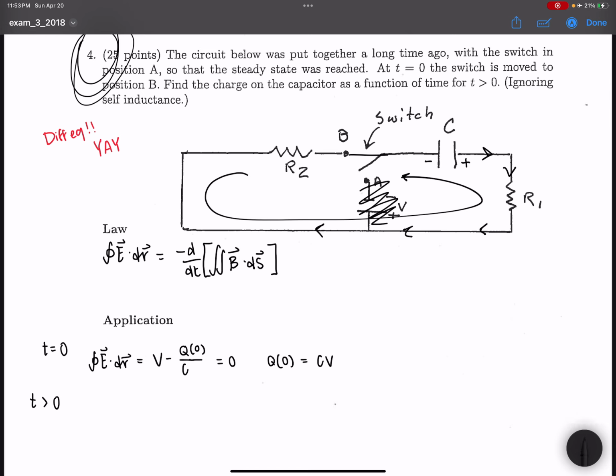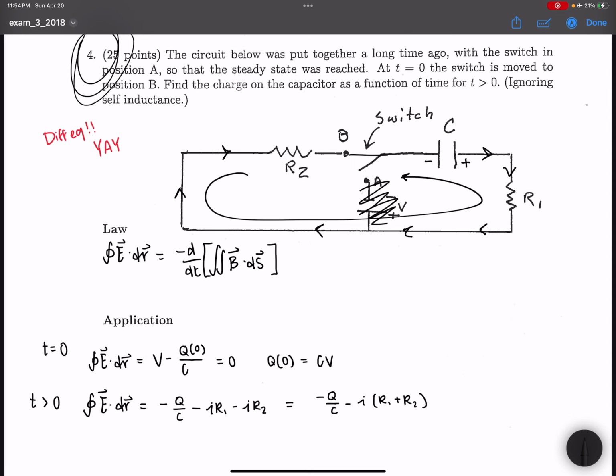Okay, so now we have a new left-hand side of Faraday's law, which is negative Q over C minus I R1 minus I R2, which we can write as negative Q over C minus I times R1 plus R2, since that's the same I. And I is going to be equal to negative dQ/dt this time, because the capacitor is losing charge.